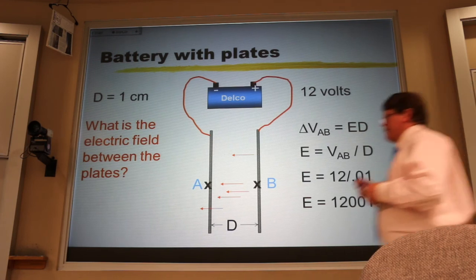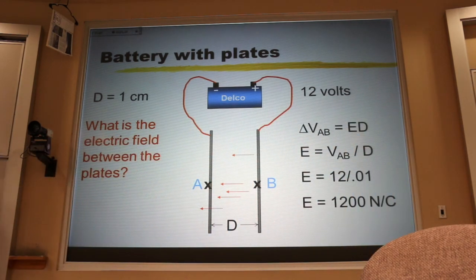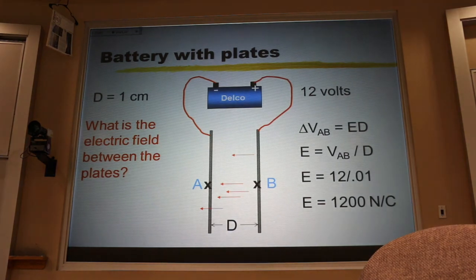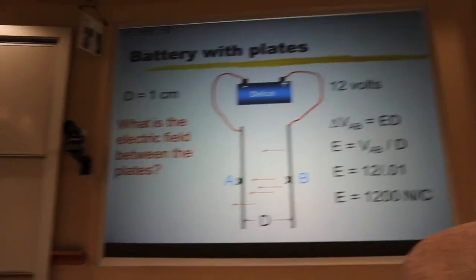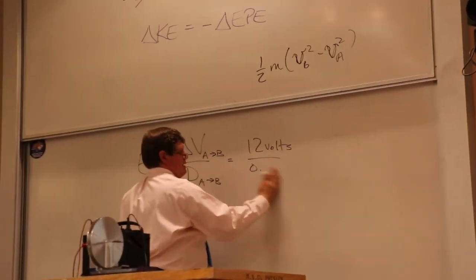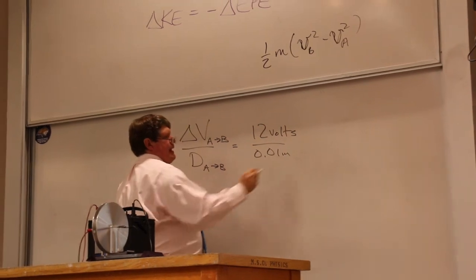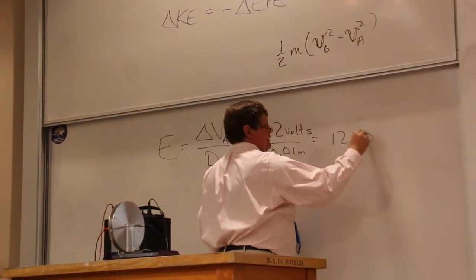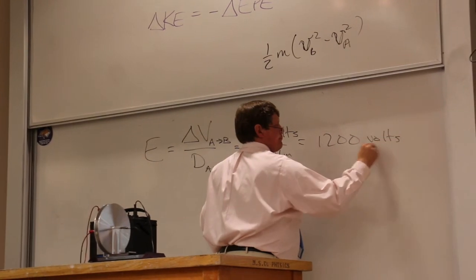Now wait a minute, Greg. Let's look at your units here. If I use that E = ΔV/d equation, it tells me that the electric field is going to be the change in voltage from A to B divided by the distance from A to B. Well, that's going to be 12 volts over 0.01 meter, and that gives me 1,200 volts per meter.